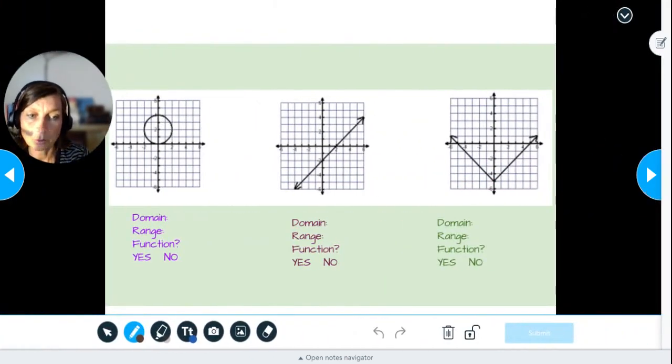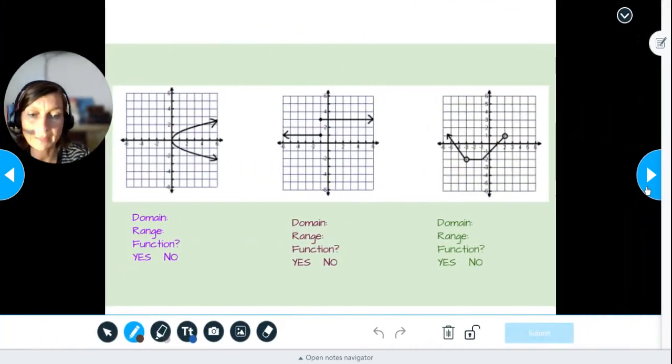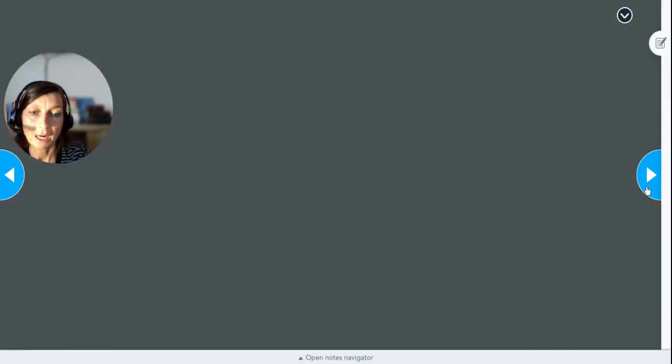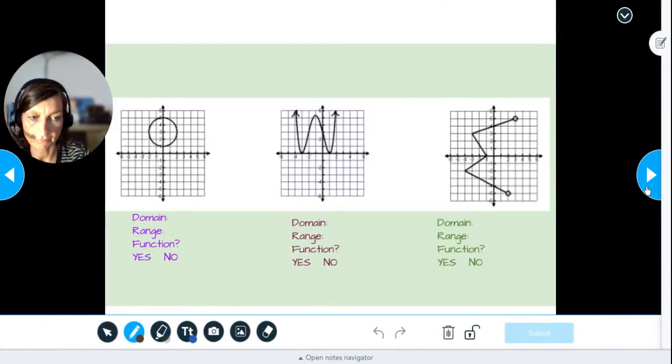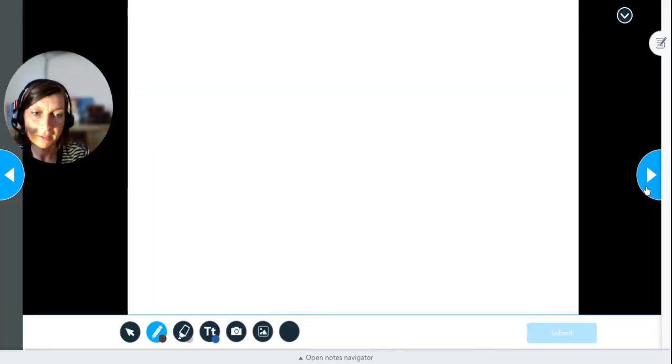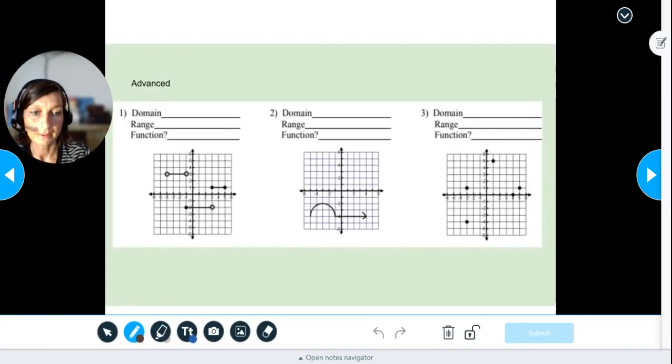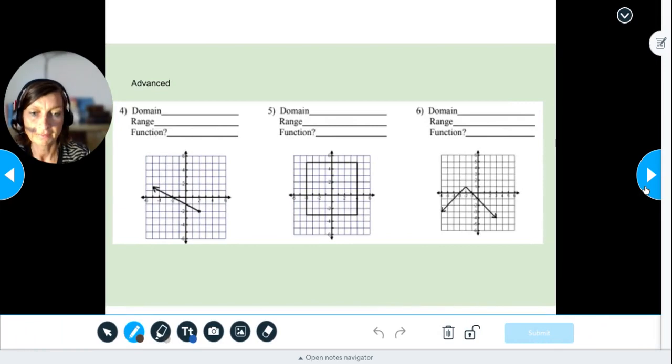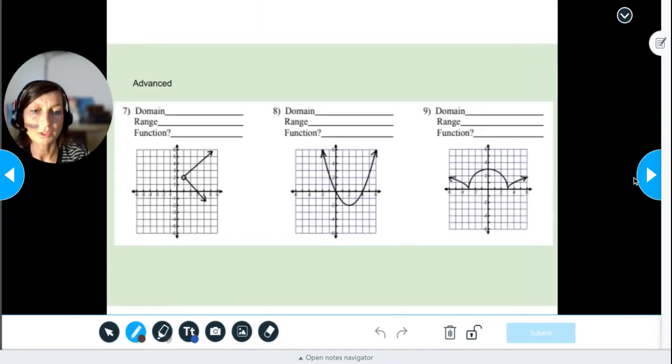But if you can't quite finish them all completely, I am understanding of that if you're out of time. But you have to understand the concept. And yes, you have to submit every slide. So at the very least, you have to do the one you consider the hardest on each slide. Every slide must be submitted. Even if it's not fully completed because there's some repetition with it, make sure you understand.